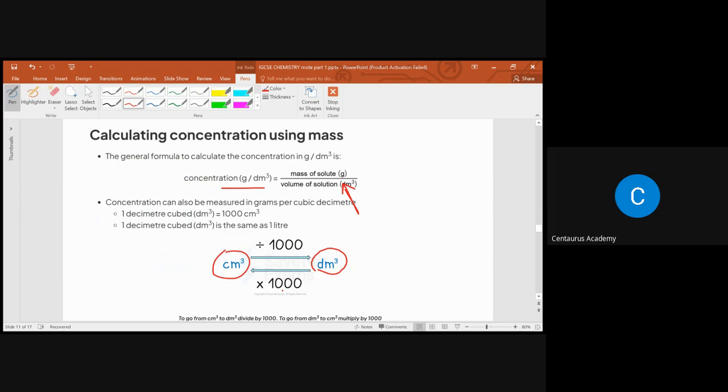This conversion is necessary to get the accurate answer. If concentration is asked to be calculated using the mass, and the concentration required is in grams per decimeter cube, then it should be the mass of the solute divided by the volume of the solution, in grams per decimeter cube.